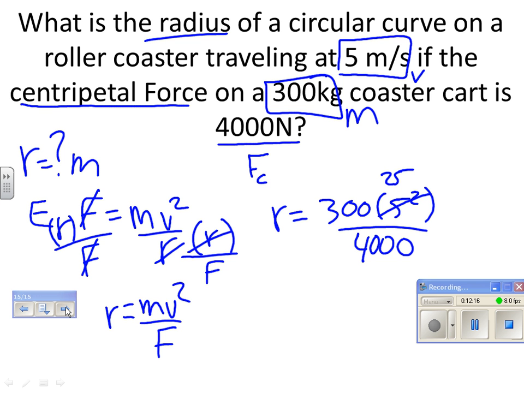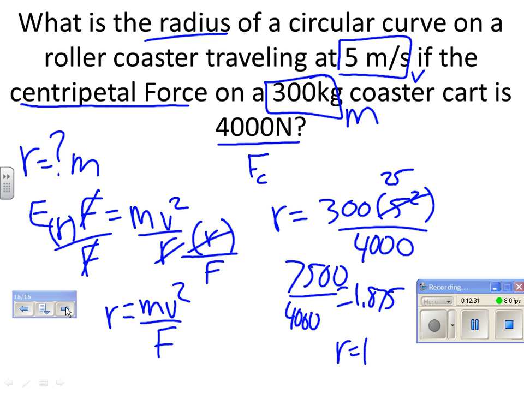So we end up with 7,500 divided by 4,000, which is going to give us about 1.875. Round that to r equals 1.88 meters. All right, so there's a quick recap of all of that, and that's circular motion.